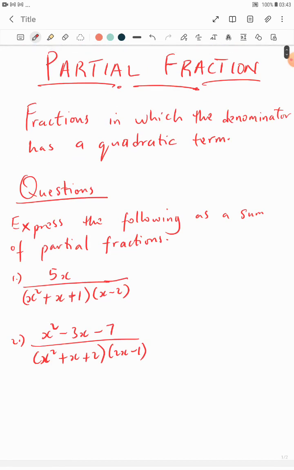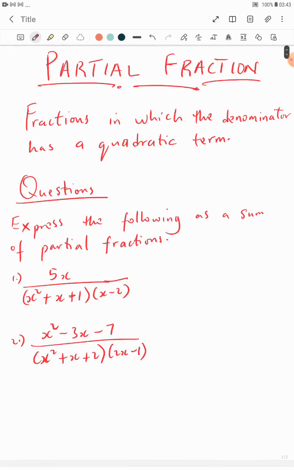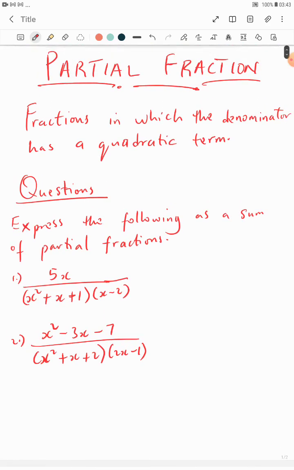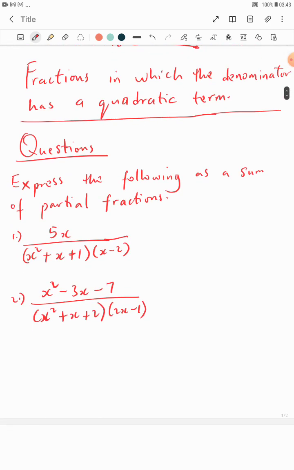In previous classes on partial fractions, we have solved questions in the area of linear denominator and when we have a repeated factor as the denominator. So in this video, we'll be solving questions on when we have fractions in which the denominator has a quadratic term.